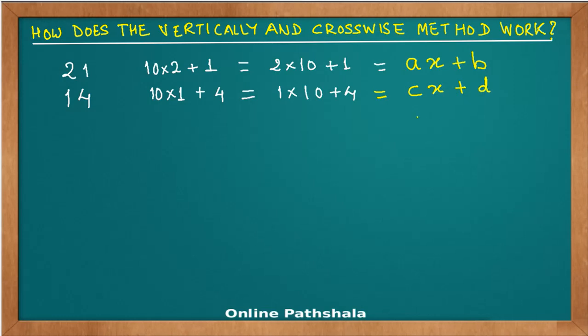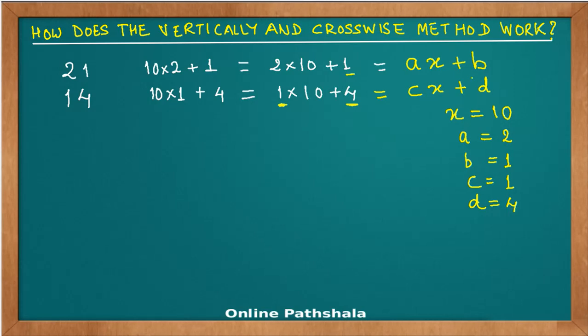Now what do a, b, c and d stand for? x is nothing but the base, so x is 10. a is 2 times 10, right? So a is 2, b is 1, cx plus d. Now c is 1 again because it is 1 times 10, and d is 4.